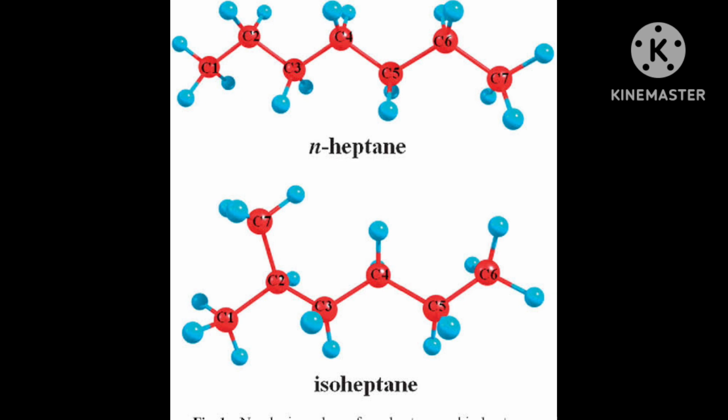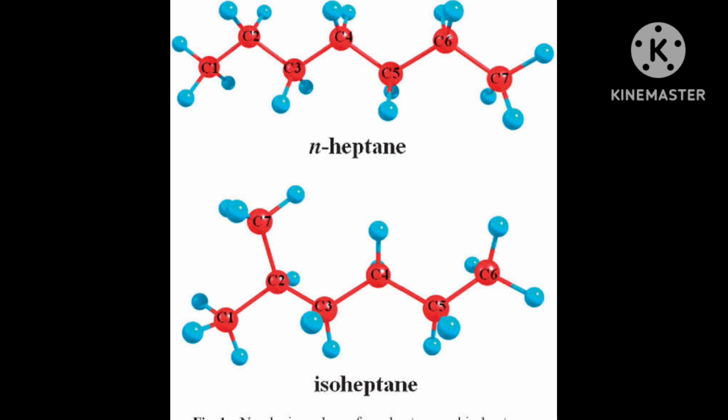In order to evaluate their quality, an arbitrary octane scale was developed by measuring their knocking characteristics. Octane numbers of gasolines are simply defined with reference to normal heptane.